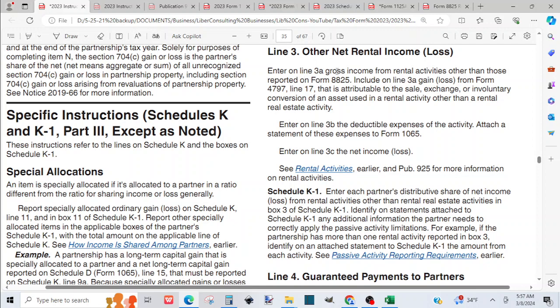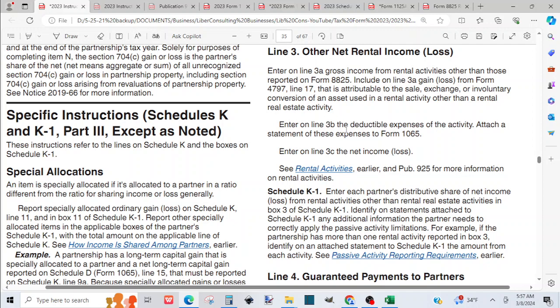Enter on line 3A gross income from rental activity other than those reported on Form 8825. Include on line 3 gain or loss from Form 4797 line 17 that is attributable to the sale, exchange, or involuntary conversion of an asset used in a rental activity other than rental real estate activity.